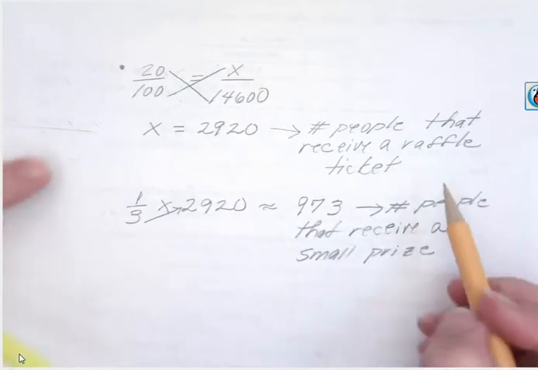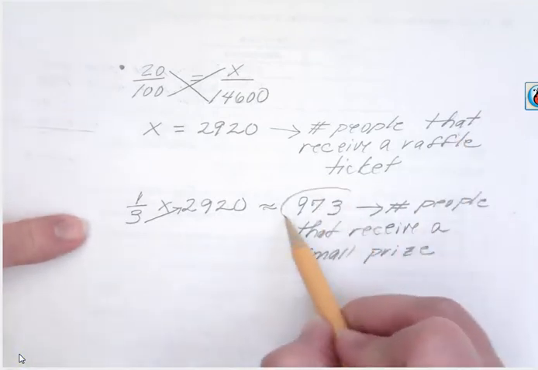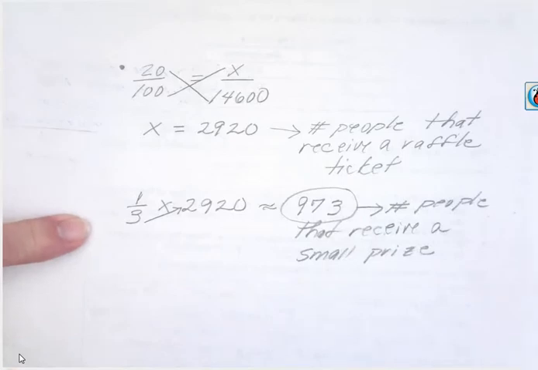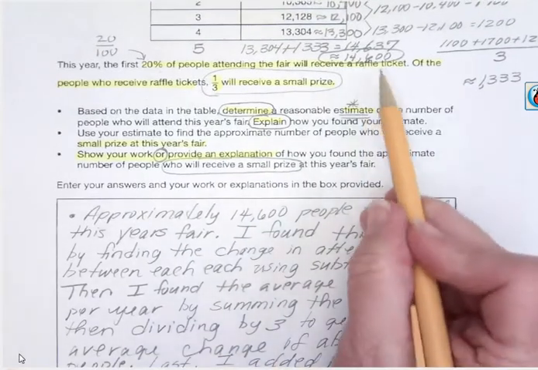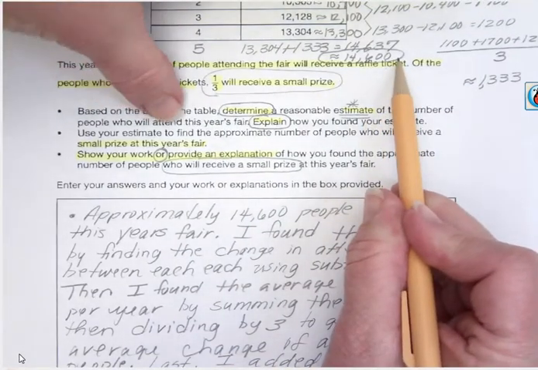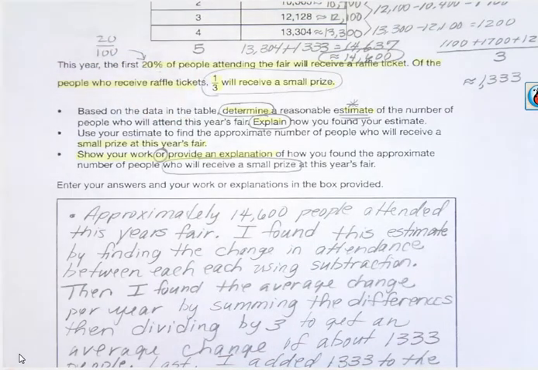So 2 steps. This is my 3rd bullet. That's the answer they're looking for in my 2nd bullet, because it asks, use your estimate, which we did here, to find the approximate number of people who will receive a small prize at this year's fair.